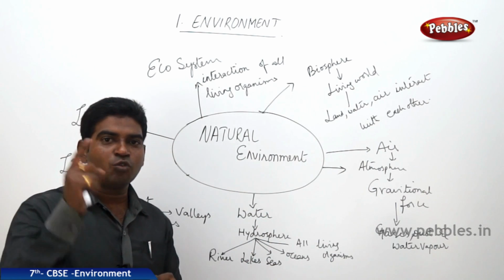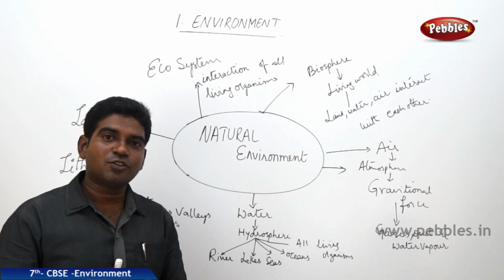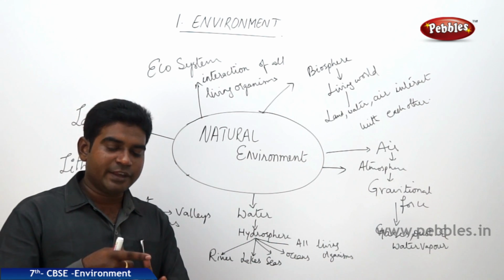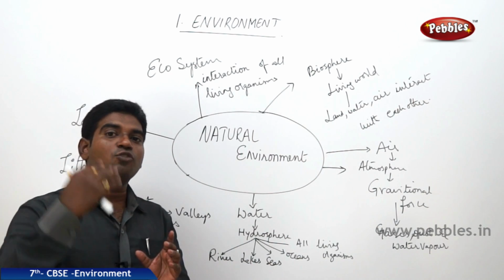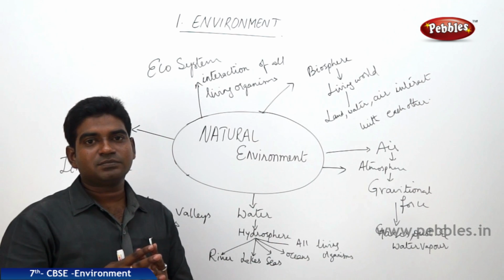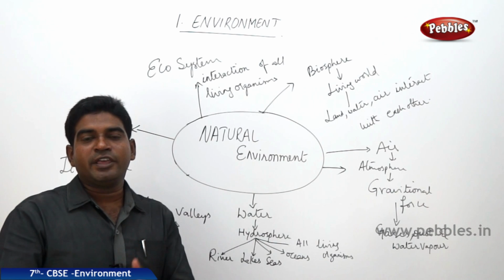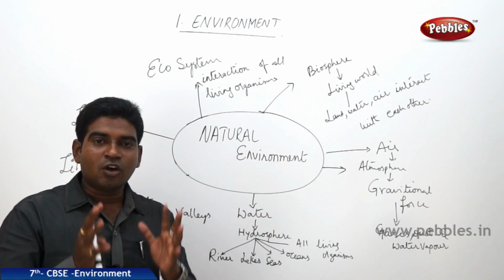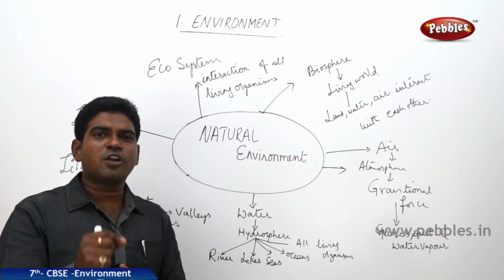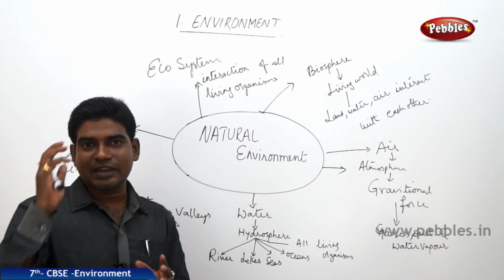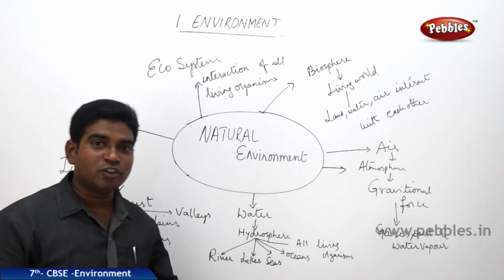So water, the entire water, starting from the tiny droplet on this planet to the vast water body, that is ocean. We have 5 oceans: Pacific Ocean, Atlantic Ocean, Arctic Ocean, Indian Ocean, Antarctic or the Southern Ocean. All these 5 oceans together, including the lakes, rivers, ponds, seas, oxbow lakes, meanders, every tiny droplet of water to the largest collection of water, the ocean, comes under the category of hydrosphere.